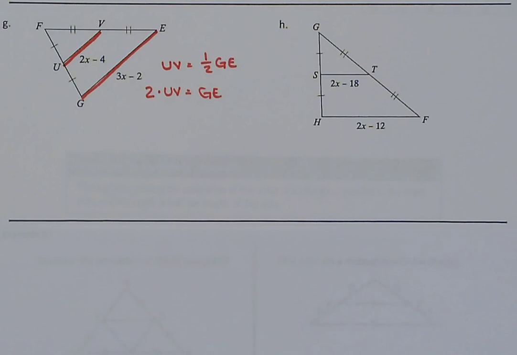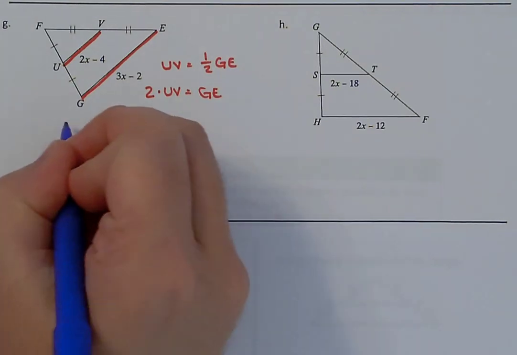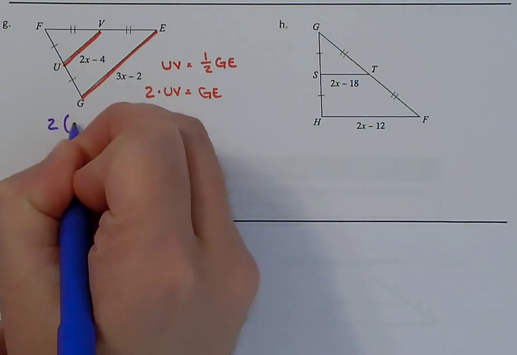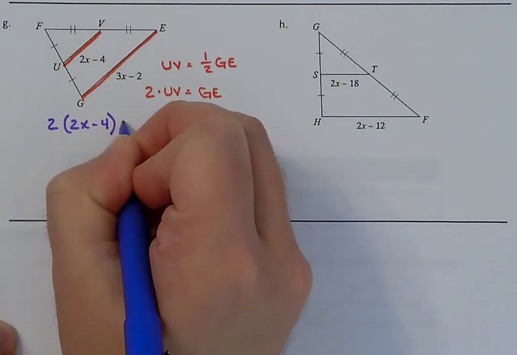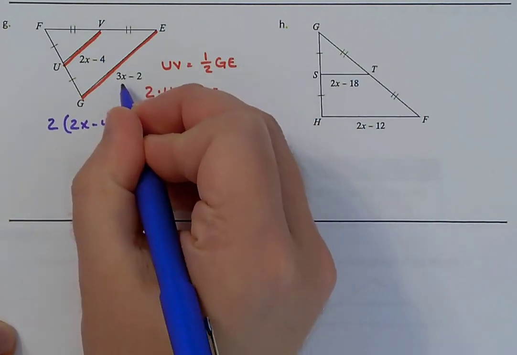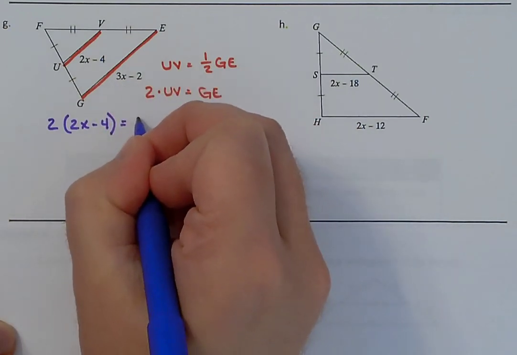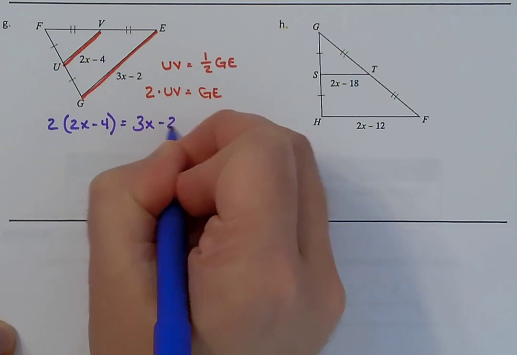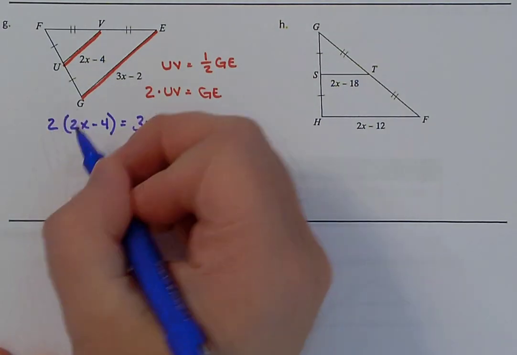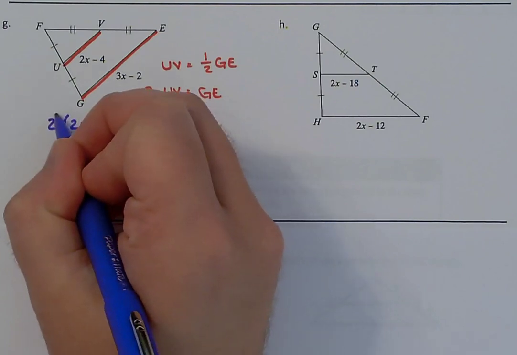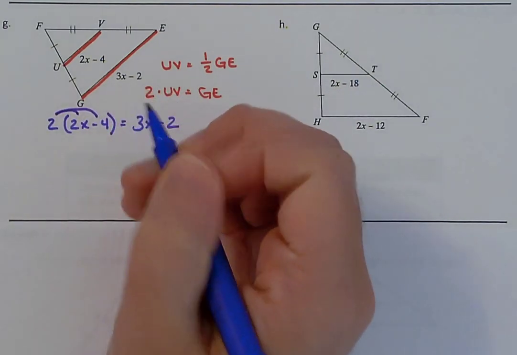So, I know that UV is 2x minus 4, so we're going to do 2 times 2x minus 4 equals GE, which is 3x minus 2. First thing I need to do is multiply the 2 into this 2x minus 4, so we're going to distribute the 2.